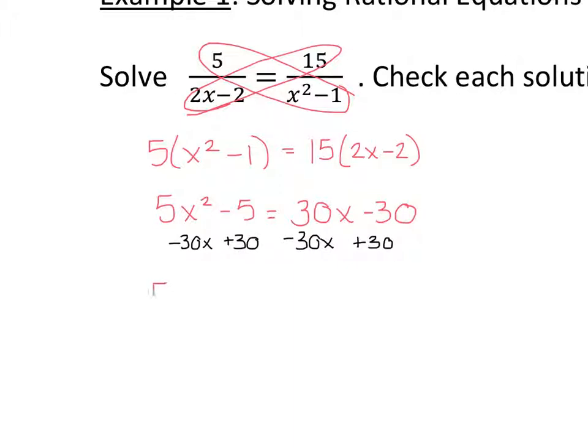That gives me 5x squared minus 30x plus 25 equals 0. Is that our answer? No. Your answer will be x equals something.